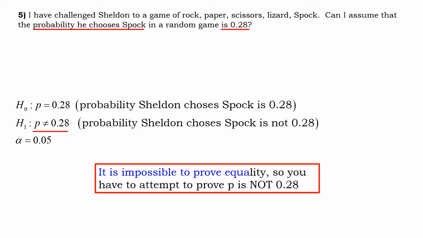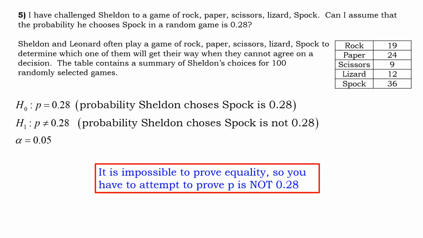Now remember, it is impossible to prove equality. So no sample data would make me believe that 0.28 is the perfect probability. So I have to attempt to prove that the probability is not 0.28. So we have some sample data. We have Sheldon's choices in 100 different games. Based on what we've seen of his behavior, we're going to use this to predict his innate strategy choices.